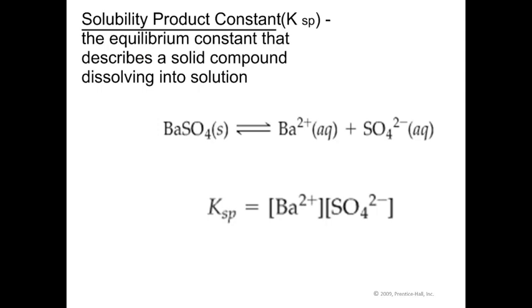Here's a definition for KSP, solubility product constant. It's this equilibrium constant. It describes a solid dissolving in the solution, and we reserve it for the solids that are considered to be insoluble.